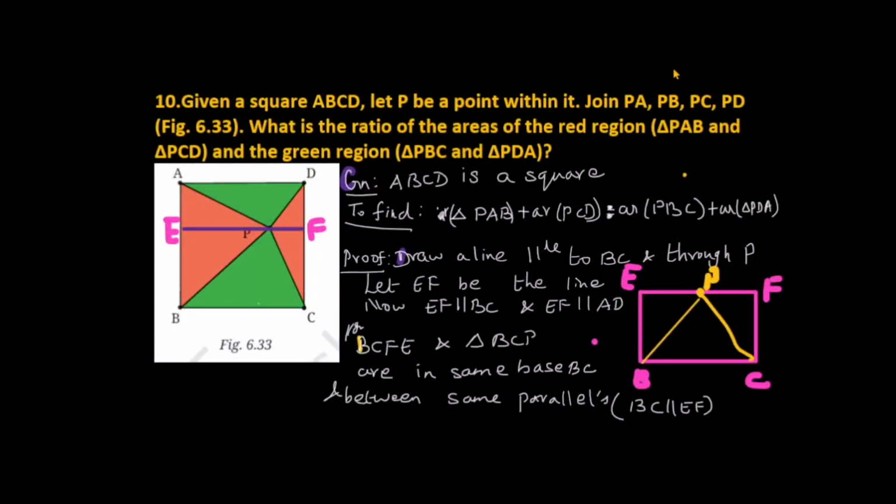So when a parallelogram and a triangle have the same base and are between the same parallels, the area of triangle BCP is equal to half of the area of parallelogram BCFE.